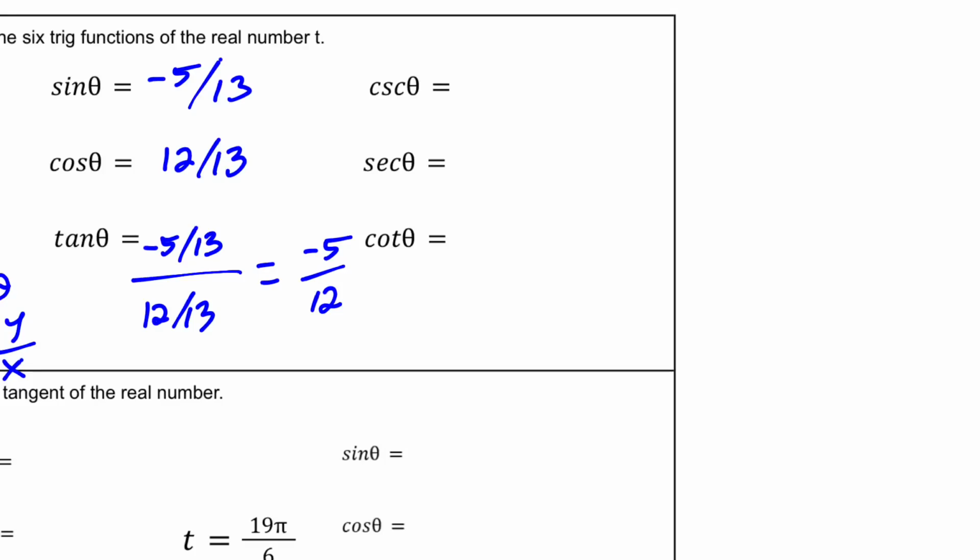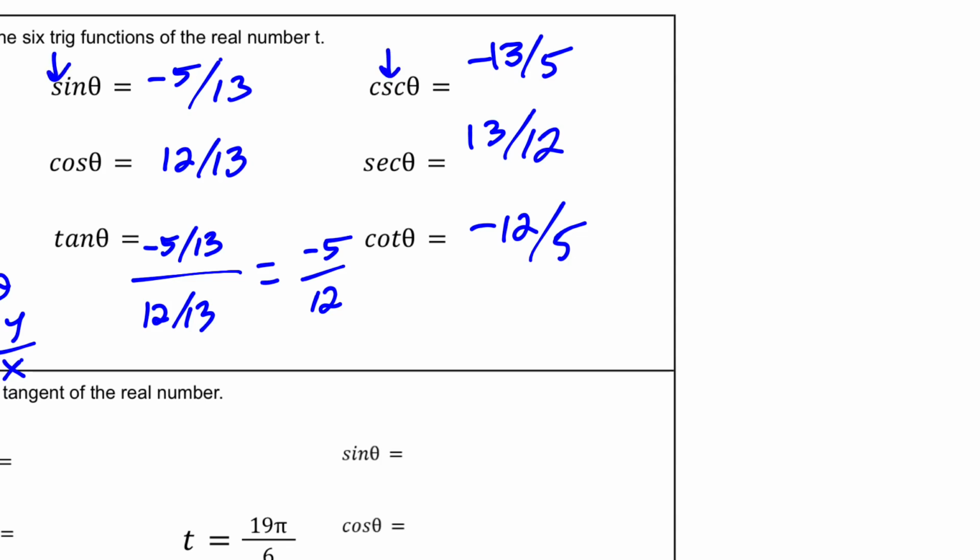This next column, not too bad, you just flip them. So this becomes negative 13 over 5, this becomes 13 over 12, and this becomes negative 12 over 5. If you know the left column, the right column is not too bad. I remember that the one with the s in the middle is sine. I don't know why that works for me, but it does.